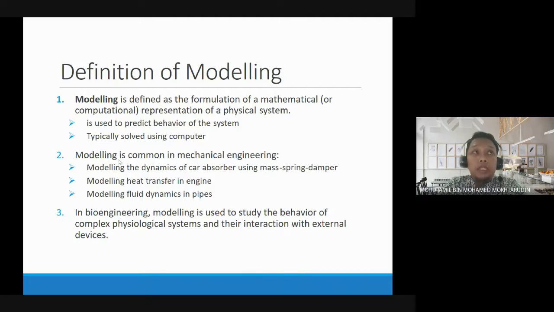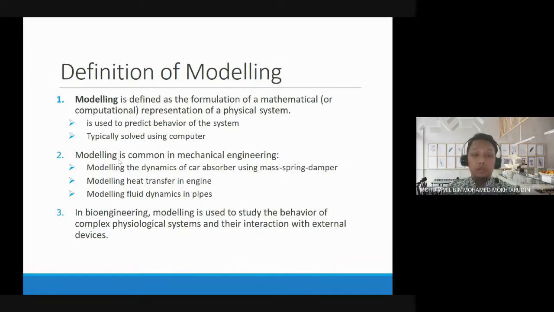When Newton realized that there's a gravitational force that exists in the world when an apple falls down onto his head, then he tries to model how the force is related to gravity, which is F equals ma or mg. So that's basically a mathematical model representing the force affected by gravity.